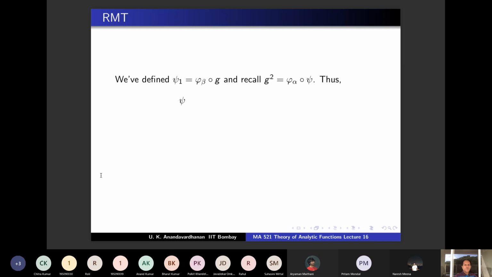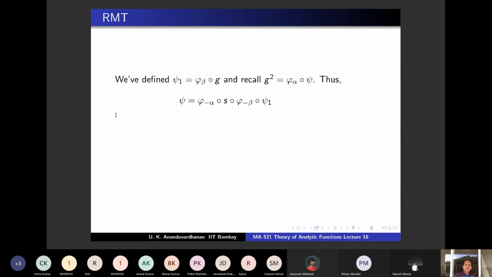Psi is phi minus alpha composed with squaring of g, but g is phi minus beta composed with psi 1. Agree with this? Psi is phi minus alpha composed with g square. G is phi minus beta composed with psi 1, then squaring of it, S is squaring, and then phi minus alpha. This is psi.